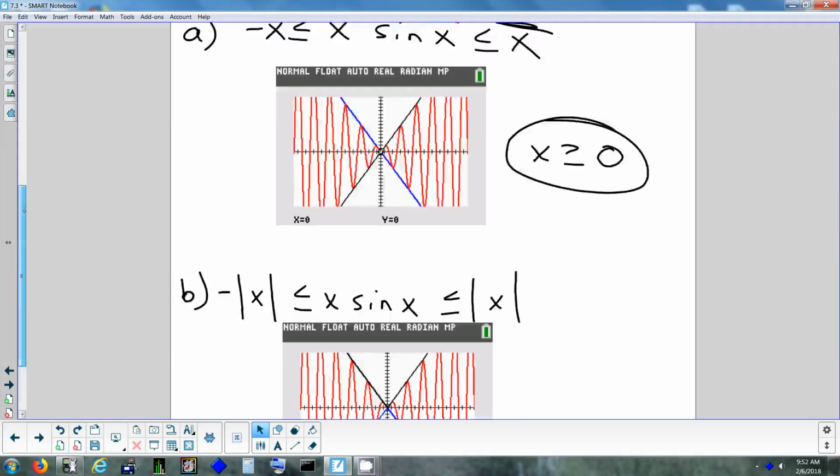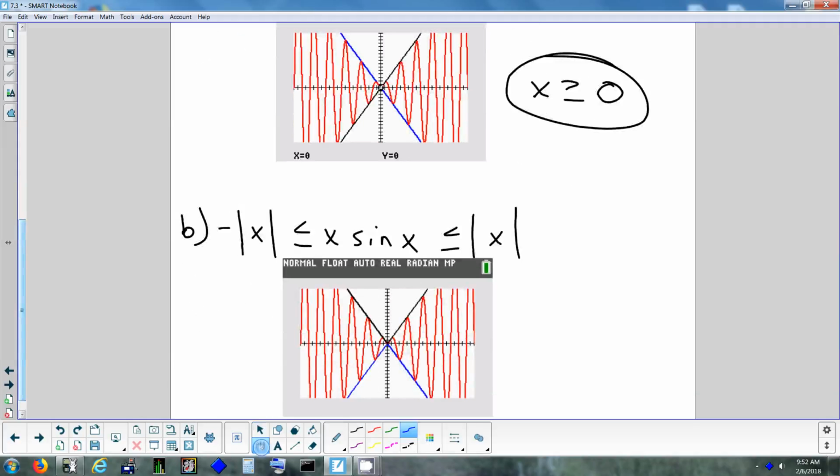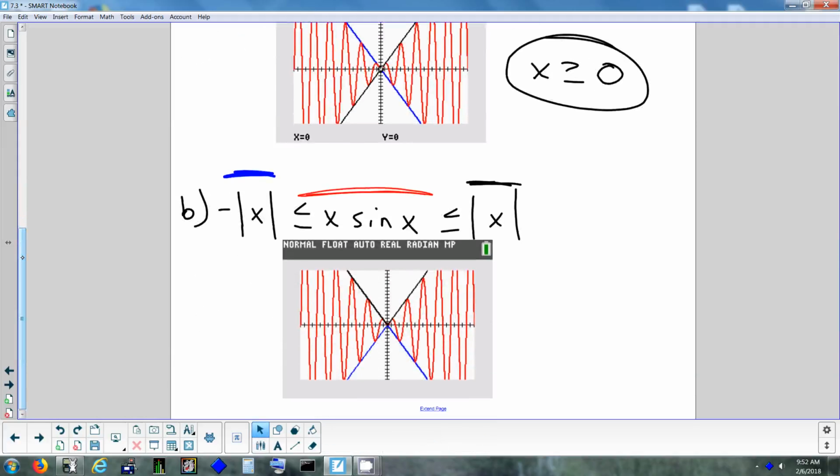Okay, so we've got the same setup. That's blue, that's red, that's black. So where is the red graph above the blue and below the black? It's actually the same question as last time.